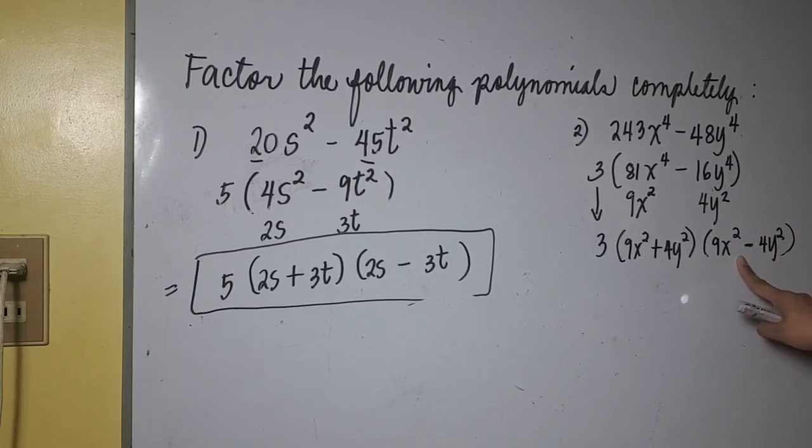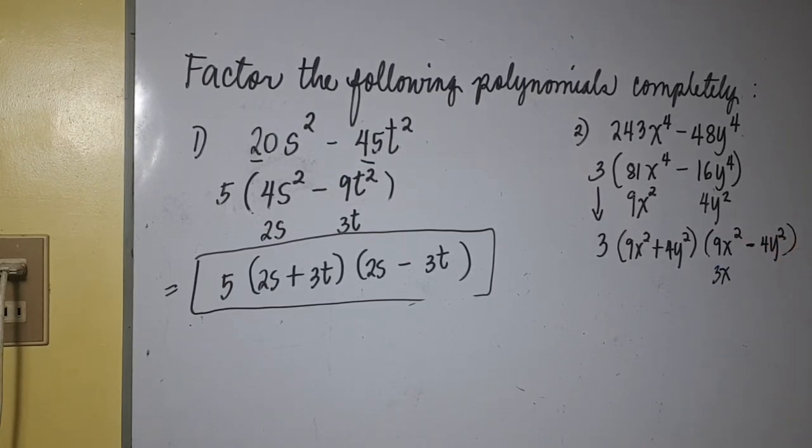9x squared, the square root is 3x. 4y squared, the square root is 2y. So this is a difference of two squares, so it can be factored. The factors are 3x plus 2y, 3x minus 2y.